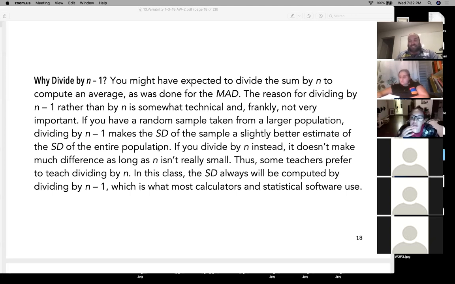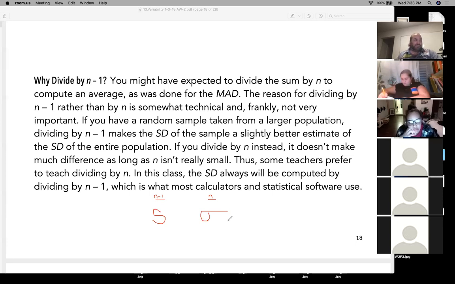N minus 1 is usually labeled with the letter S, and n is labeled with the Greek letter sigma. So I'm going to write them here so you'll see it, right? The American letter S is for when you use n minus 1. And if you divide by n, then we have the Greek letter sigma, which kind of looks like a sideways 9 a little bit.